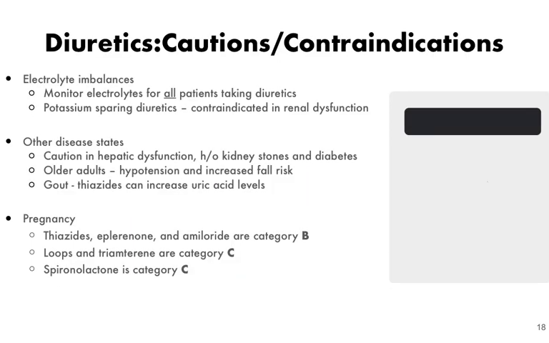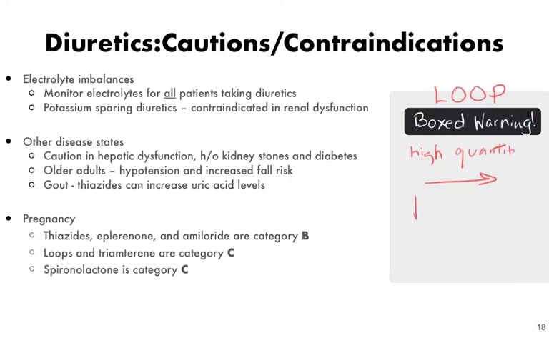The first thing I want to mention about diuretics is that loop diuretics have a boxed warning applied. And that warning says that if loops are taken in high quantities, then a profound loss of volume and electrolyte disturbances can result. That's probably no surprise to someone who knows how the loop diuretics work, as you all now do.